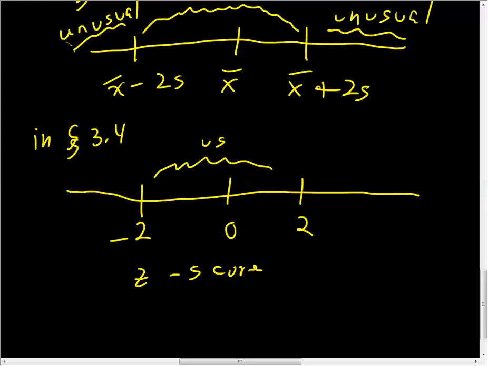Thus, if the z-score of your particular value is between minus 2 and 2, we call those usual values. Again, it may seem somewhat arbitrary, but it really isn't. Any z-score above 2 we call unusual, and any z-score below minus 2 we deem unusual. So bear that in mind, and there are some homework problems in that regard.